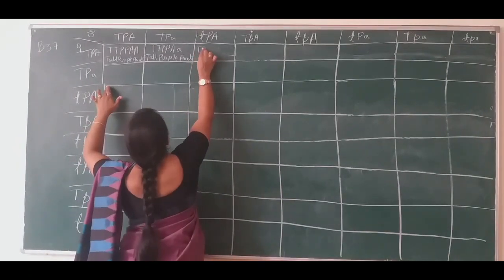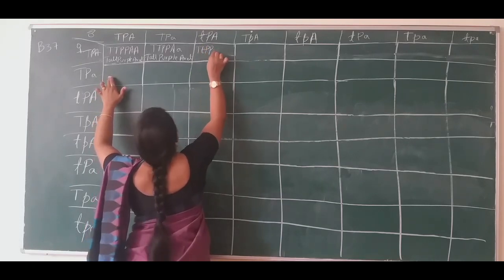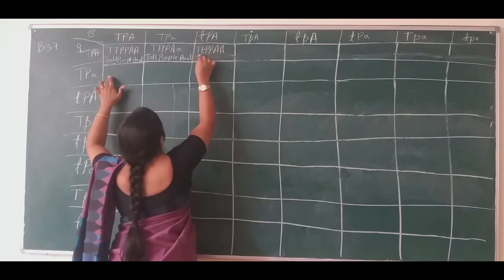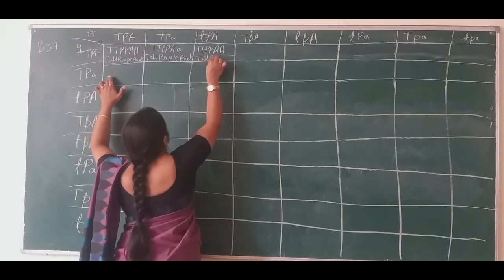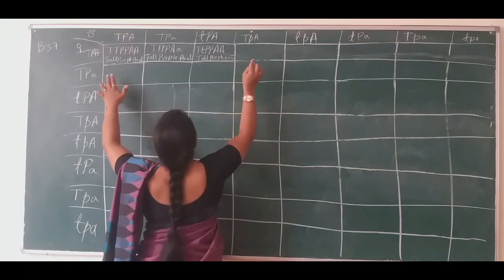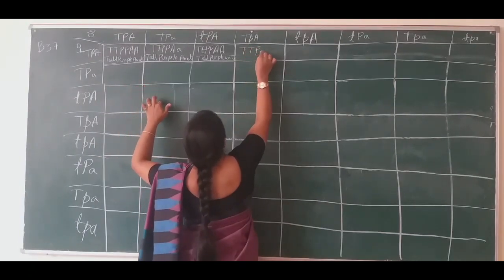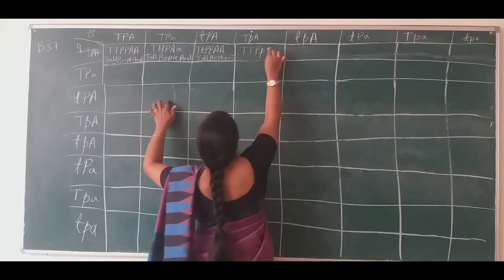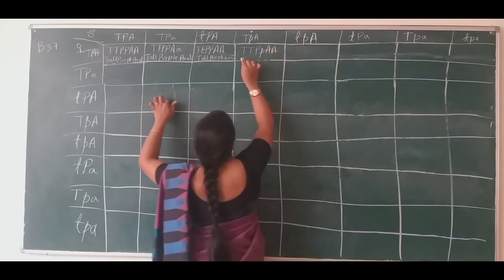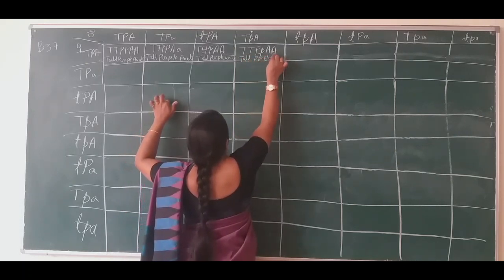Capital T, small t, capital P, capital A, capital A. Tall, purple, axial. And capital T, capital P, small p, capital A, capital A. Tall, purple, axial.